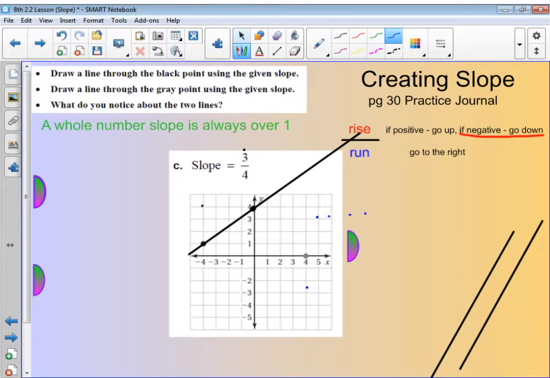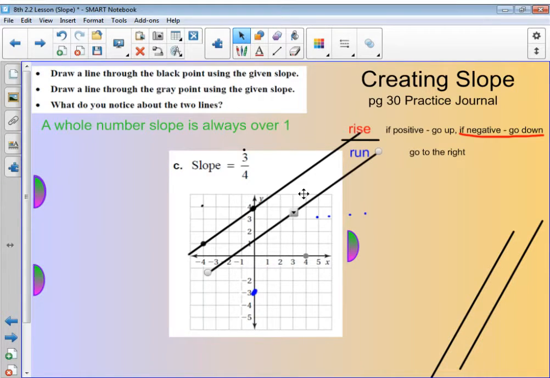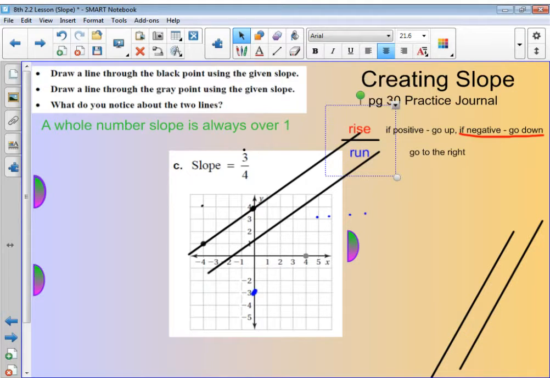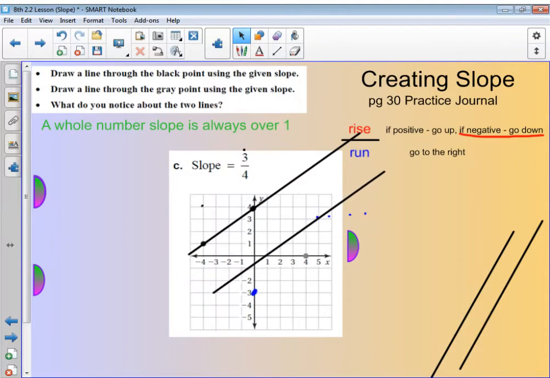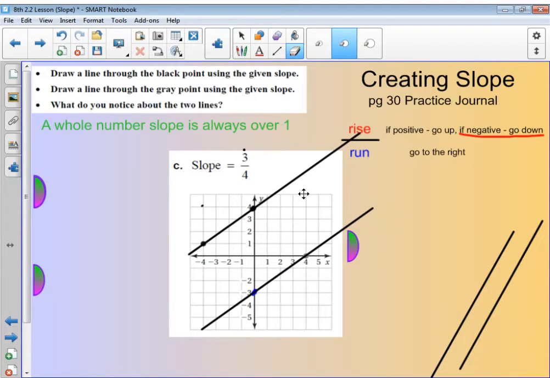So I have to go to the left. 1, 2, 3, 4. So now my dot is right here. And then I should be able to draw my line through this. And it makes those two lines parallel to each other.